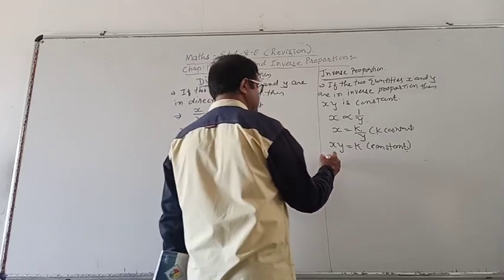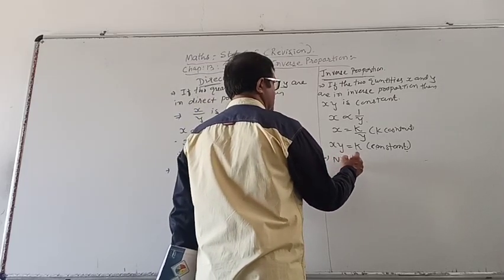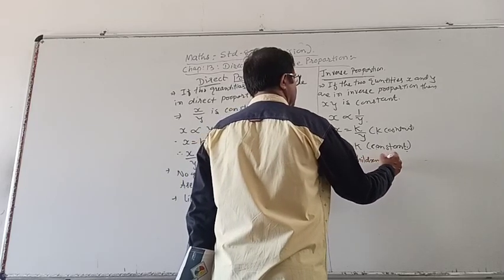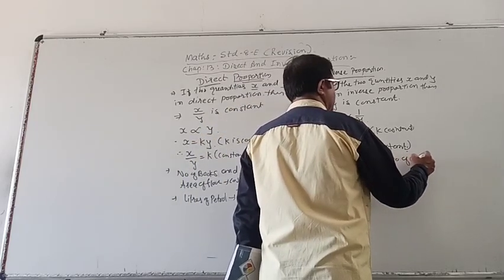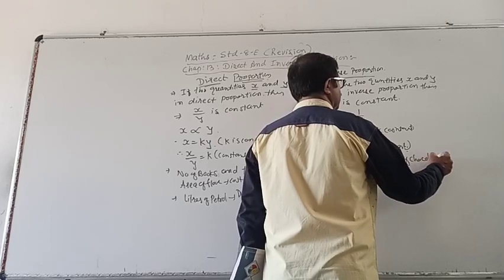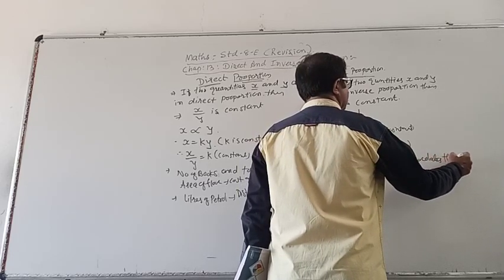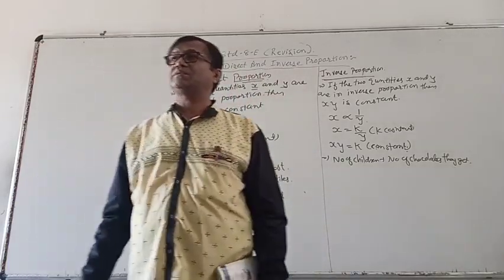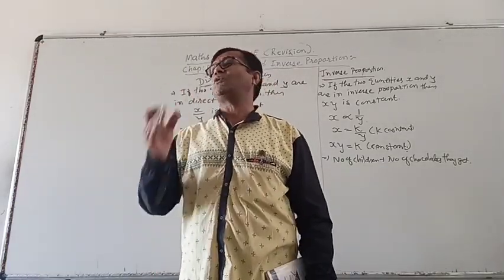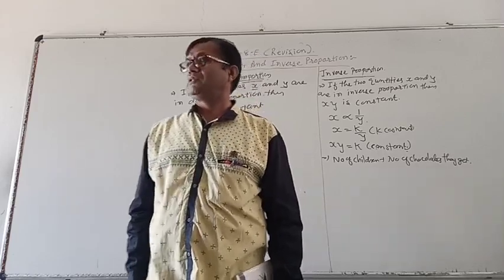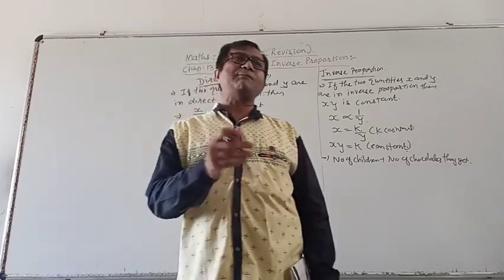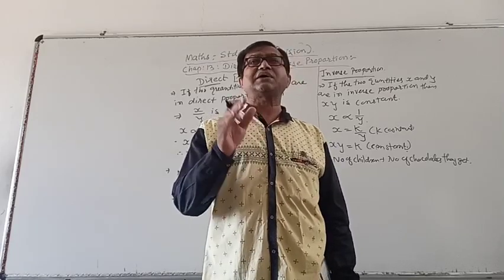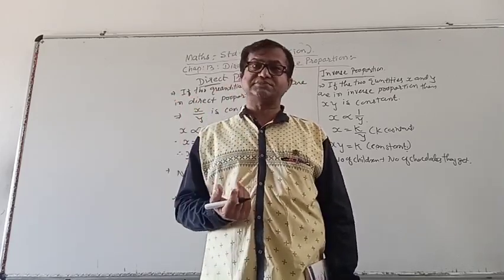For example, the number of children and the number of chocolates they get. Also we can take another example: if we want to finish a work, and you employ more people, that work can be completed in fewer days.